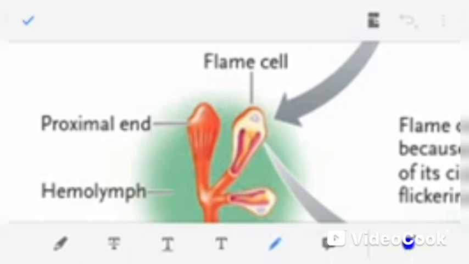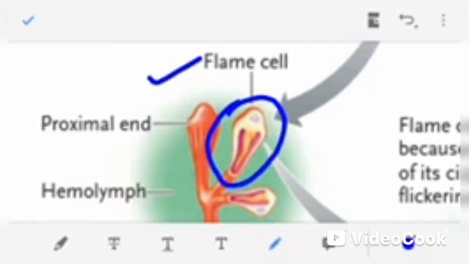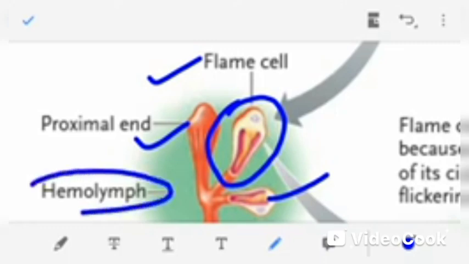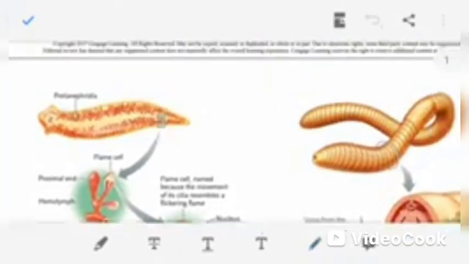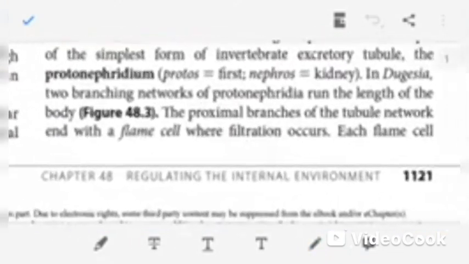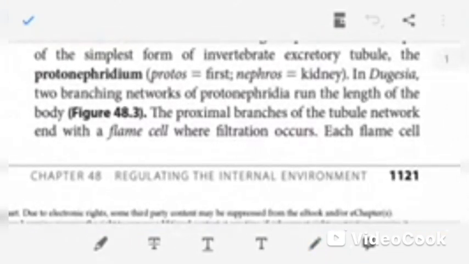On the proximal end, as you can see, this is a flame cell, and these are also all flame cells, and they are surrounded by hemolymph. So the flame cells are the cells where the filtration process occurs.